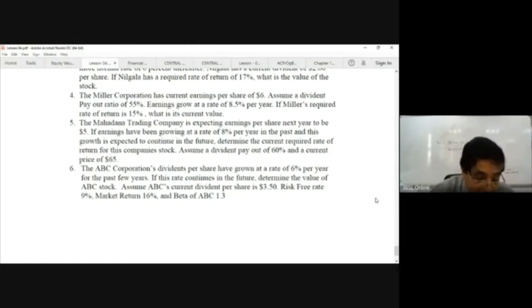The current dividend is given, 350 into 1.06, the 6% being the growth rate, divided by K minus G. K is 18.1, that is 0.181, minus G. G is 0.06. Right. Just look at it and see what is the answer.